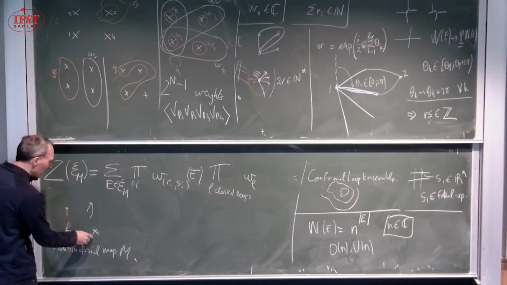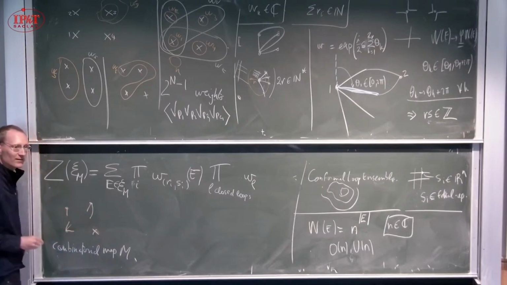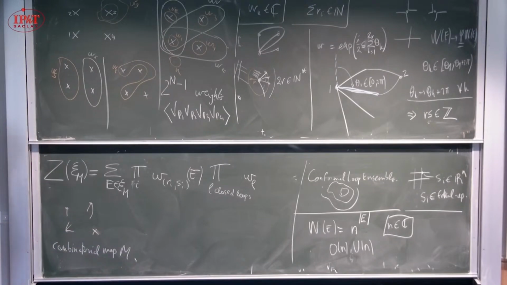They are different from the punctures like this where the loops go around. So the question is how many combinatorial maps exist in this case, in this example. So does anyone have an idea? Is it just a few? Just a few. That's a good answer already.